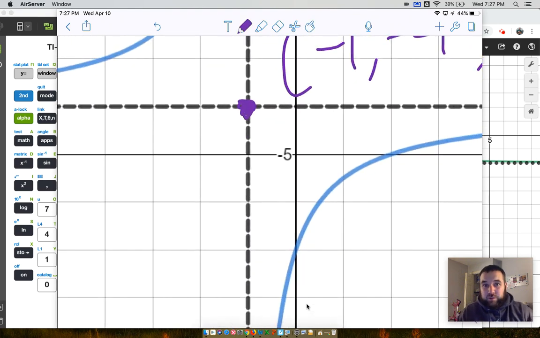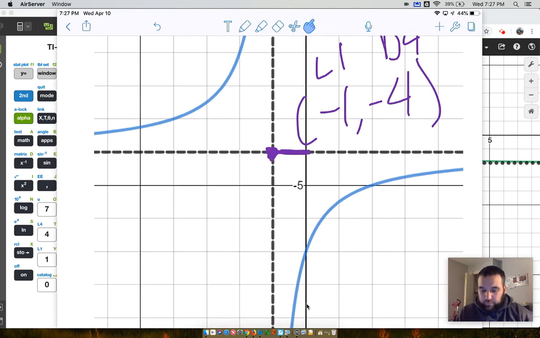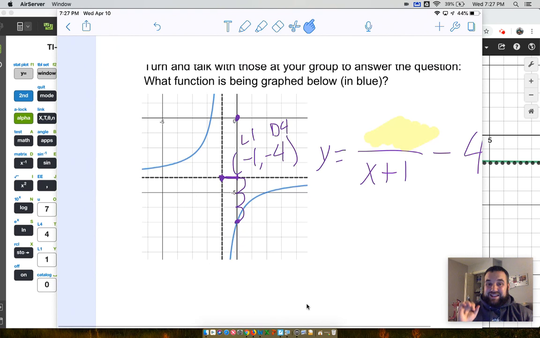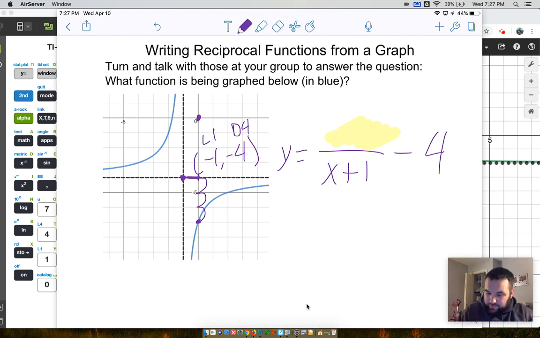If I treat that as 0, 0, like we did for parabolas, I'm going to move 1 unit to the right. Then I'm going to count to get back to the function from here. Do I have to go up or down? We can see I have to go down 1, down 2, down 3 units to get back to that curve. So since I moved to the right 1 and down 3, that tells me the a value, the number on top of this thing, is going to be -3.